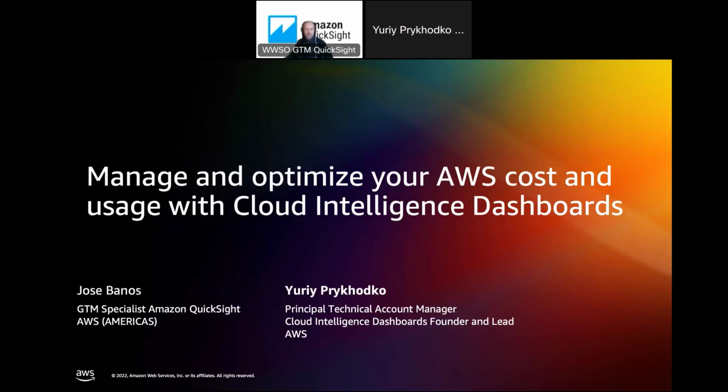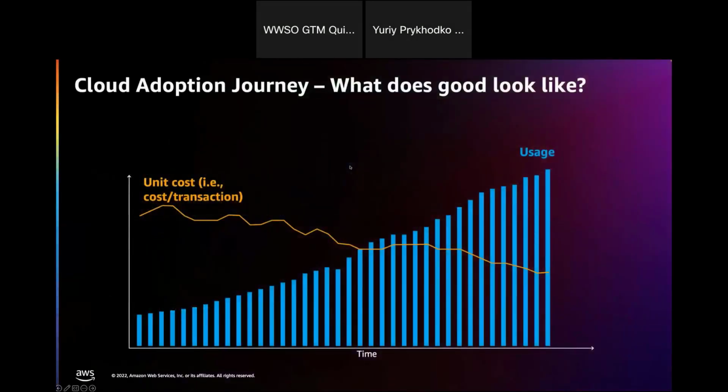So today we will cover Cloud Intelligence Dashboards powered by Amazon QuickSight and how you can use it with your FinOps journey and to manage and optimize your AWS cost and usage. You all run workloads on AWS to help your customers solve their business challenges, right?